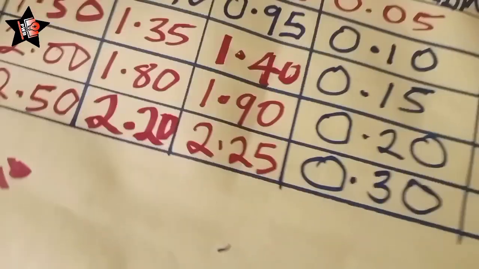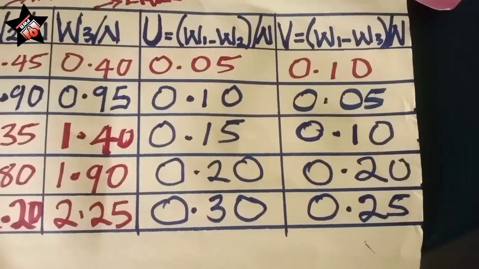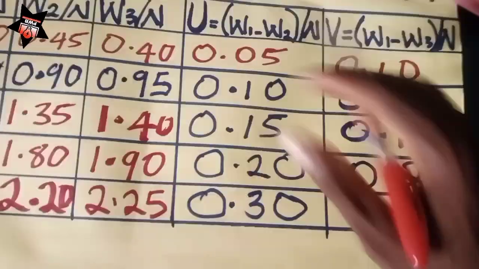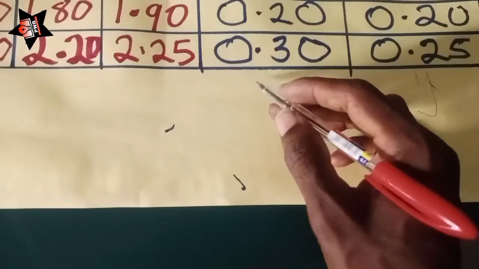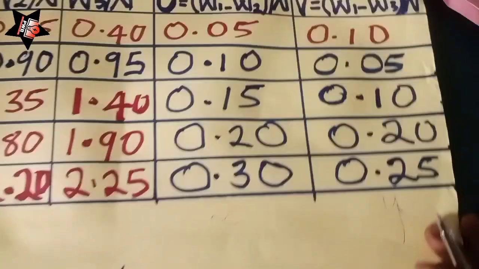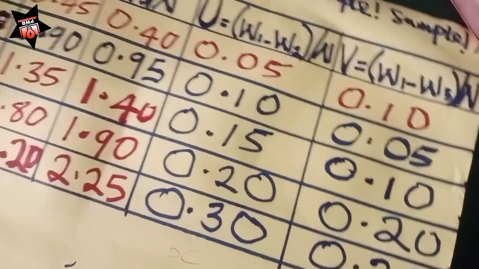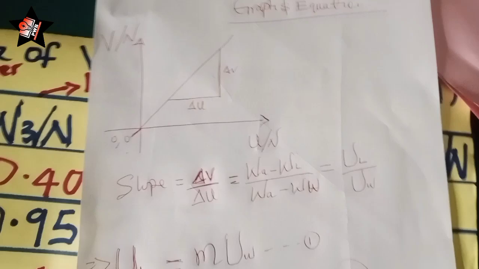So help me plot the graph of V against U. That is V on the y-axis and U on the x-axis. Help me find the slope of the graph and drop your answer in the comment box. And use this particular information here to plot your graph and find your slope.